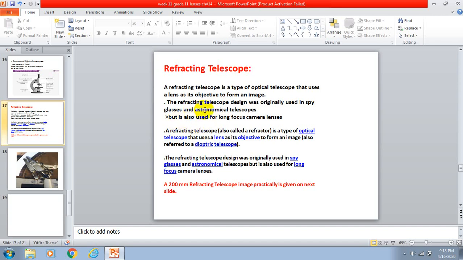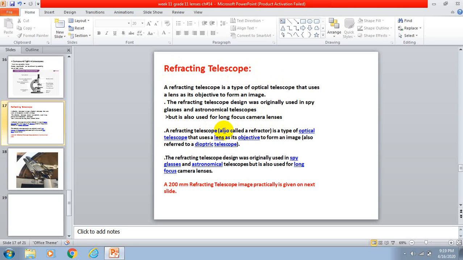So we use refracting telescopes for better zooming, irrespective of distance. It is also used for long focus camera lenses. If an object is present far away, we use a refracting telescope to clarify or study it better.